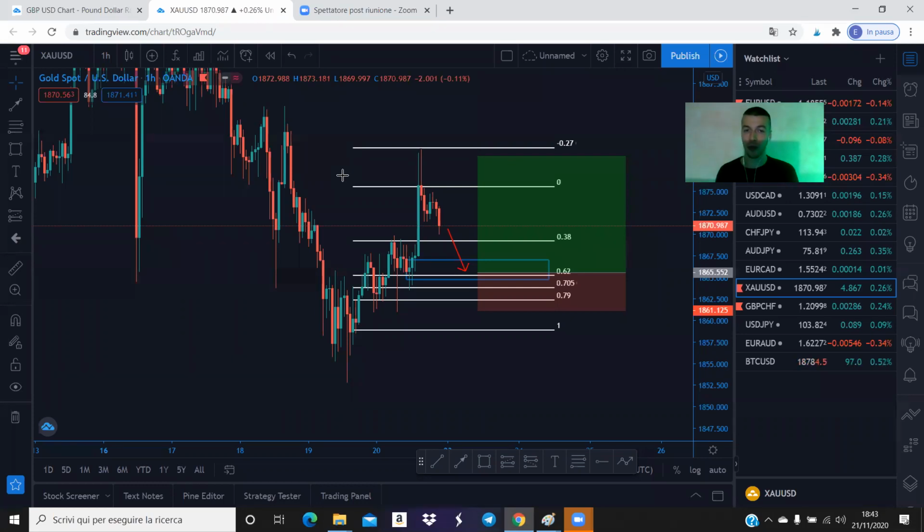I recommend to never go more than 3% per trade, because that's very risky. It depends also how much you're going to practice this strategy, how confident you are, and how much you're able to recognize the right supply and demand levels.